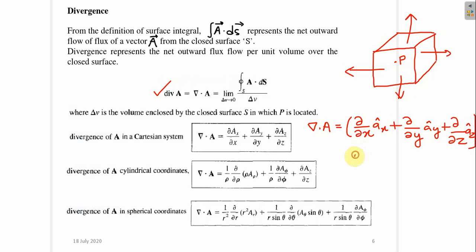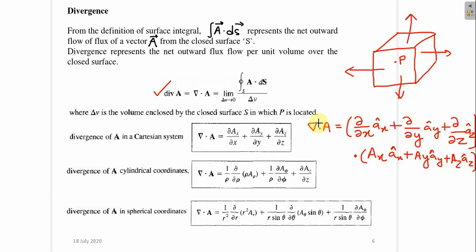Now take the dot product of this del operator with a vector, say Ax in the direction of ax plus Ay in the direction of ay plus Az in the direction of az.